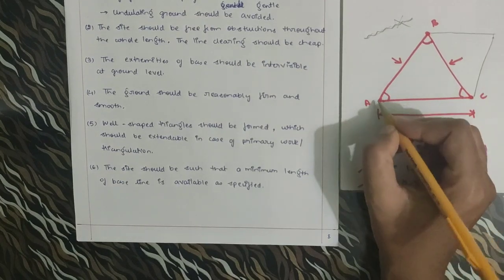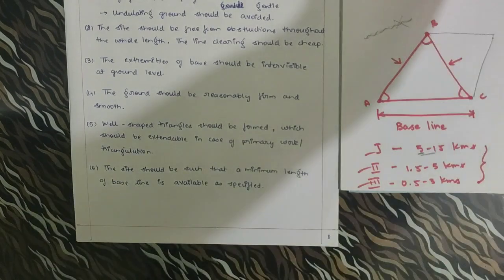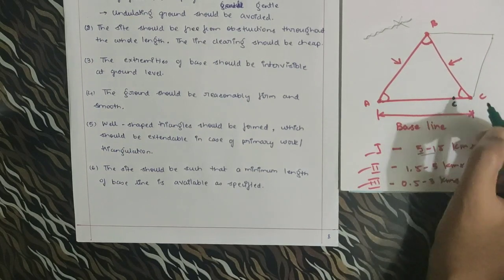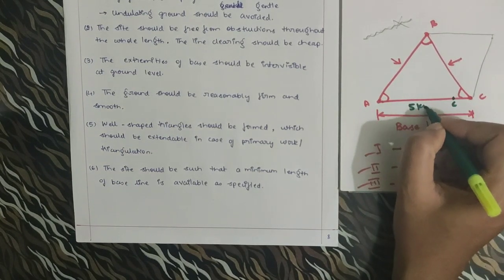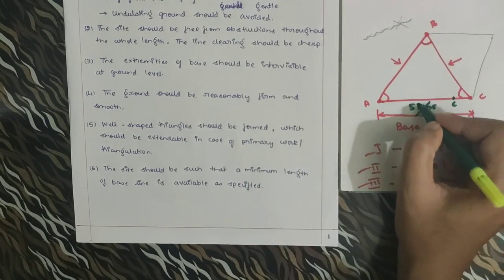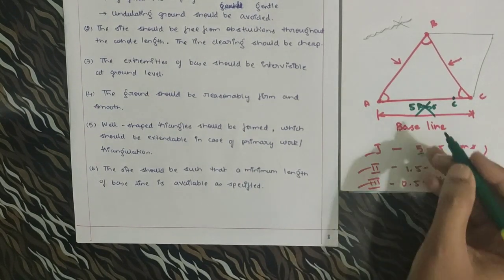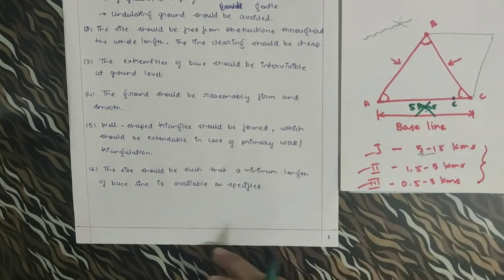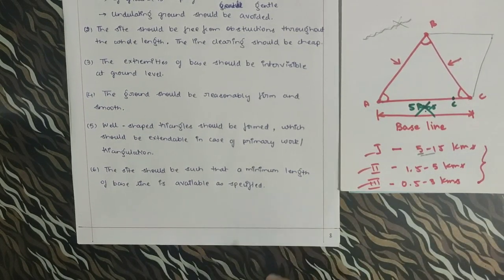Suppose the baseline available till here is less than that, you should not consider this as your baseline. You should search for another baseline because it is not satisfying the minimum length of the baseline as specified here.